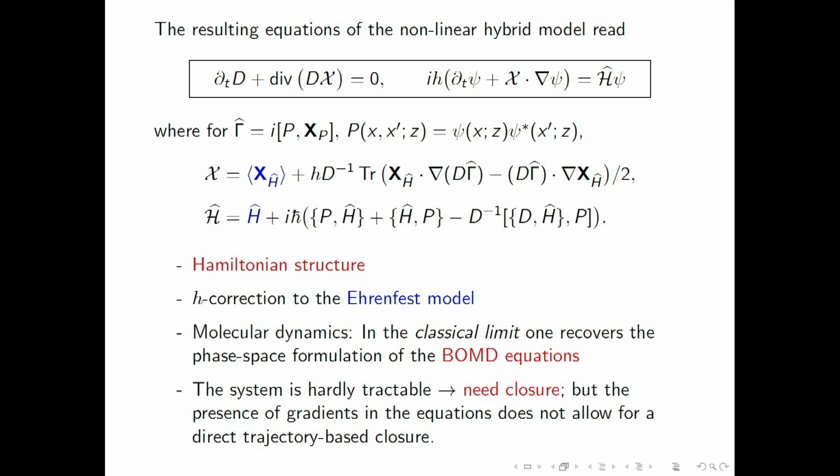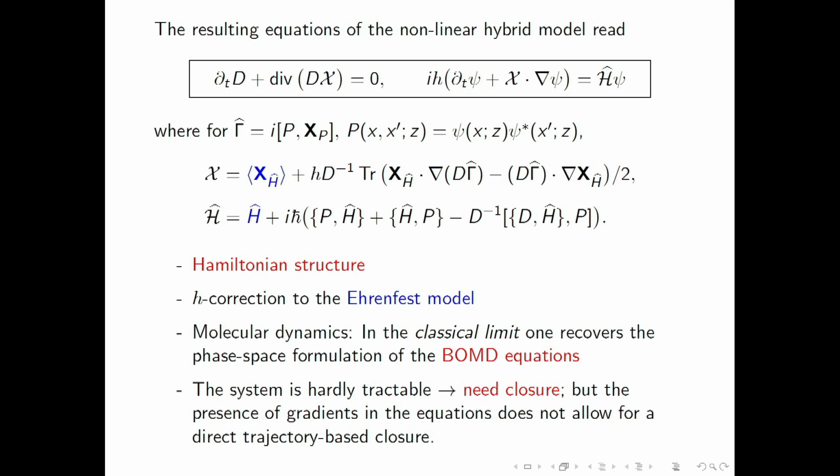And one thing, just by looking at the equations, we can see that this is a beast in some sense, so it is hard to find solutions on the level of the PDE. So the system is hardly tractable, and we need a closure to find the numerical algorithms.